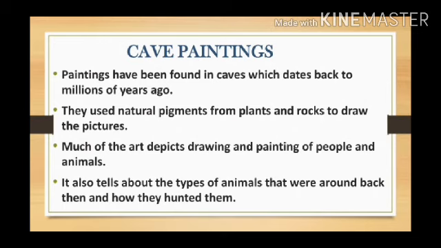Much of the art depicts drawing and painting of people and animals. Since the people back then sustained themselves or survived through animals, these paintings bear proof of that. It also tells us about the types of animals that were around people back then and how they hunted them.